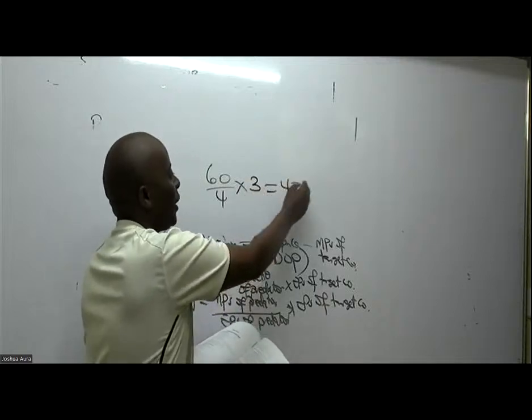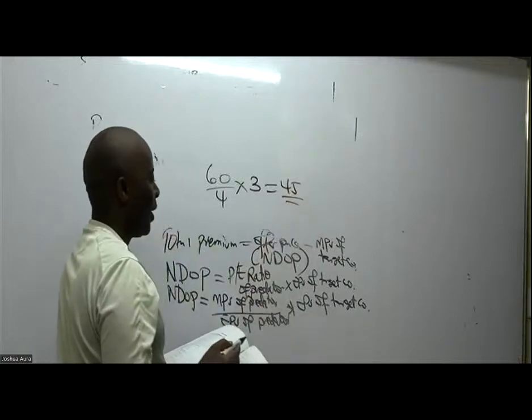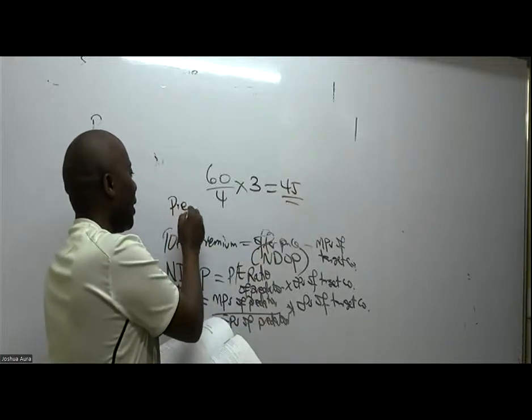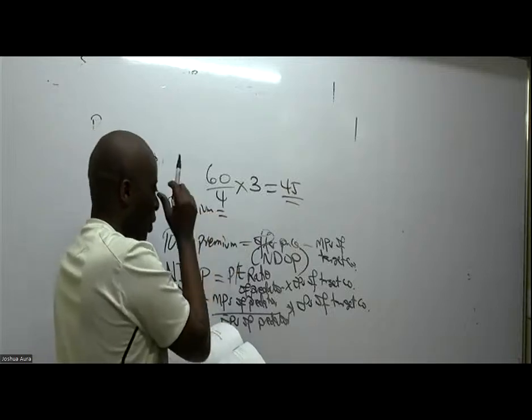This is how they were able to get the 45.